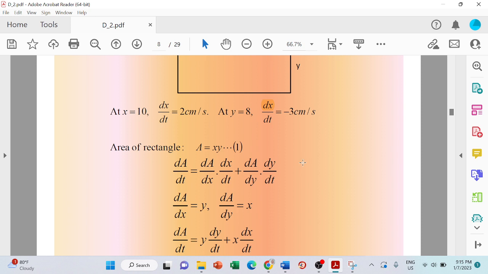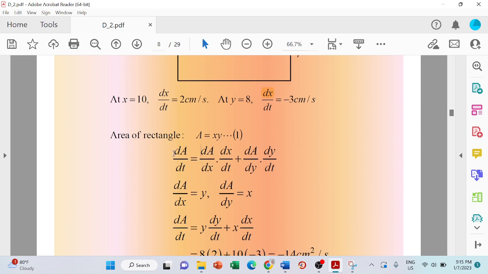Okay, because area tadi A, dia relate dengan X dan Y. A adalah bergantung kepada X and Y. Okay, so bila kita nak tahu rate of change for the area, dia akan ada bergantung kepada rate of change for your X and also rate of change for your Y. Okay, so basically kita create formula untuk dapatkan dA dt as here.